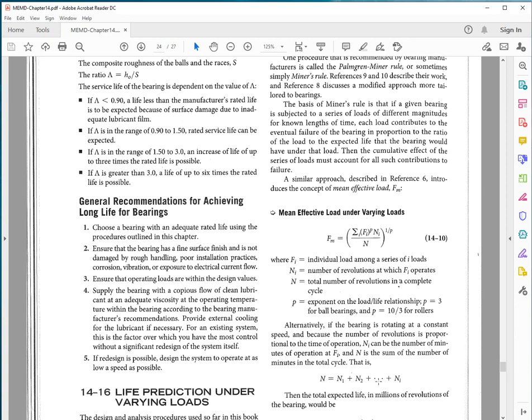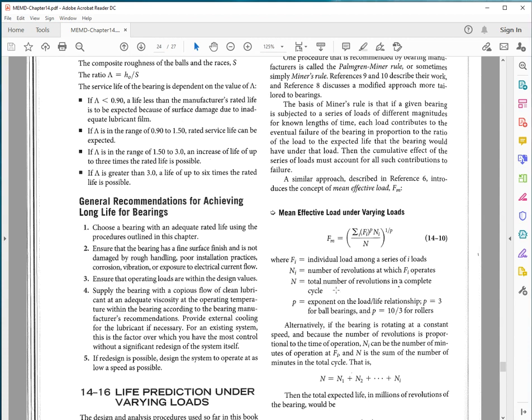Well, if it rotates at constant speed, this could also be defined in terms of number of hours. So if the RPM is standard, then these could be replaced with minutes of operation, because you have minutes here and minutes here, and to calculate the cycles you just multiply by the same number of RPM. But if the RPM is different, then you need to work directly with cycles.